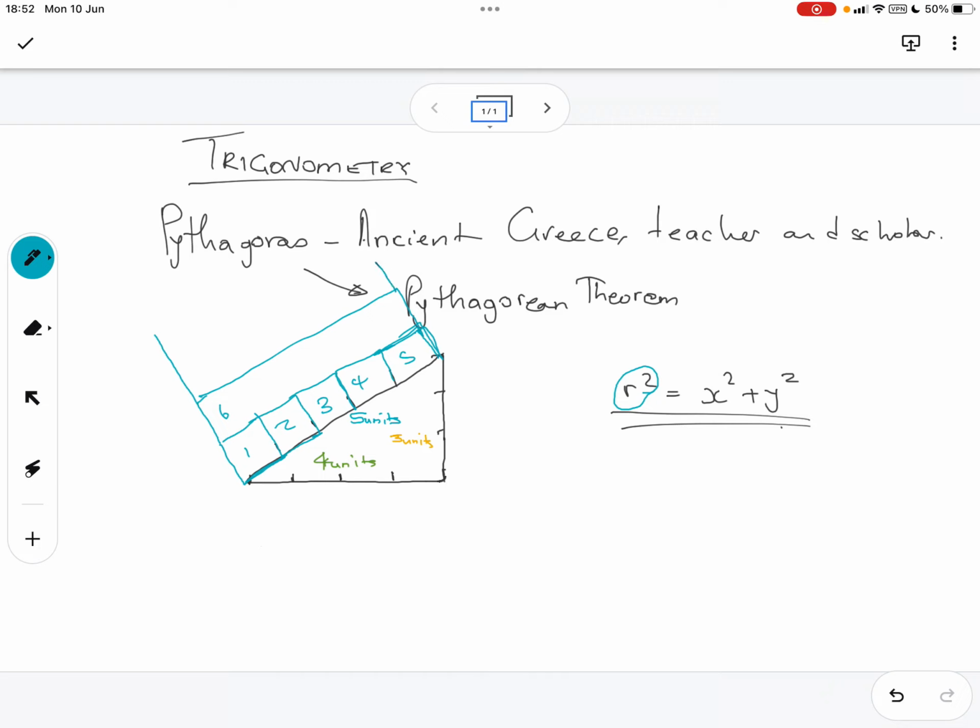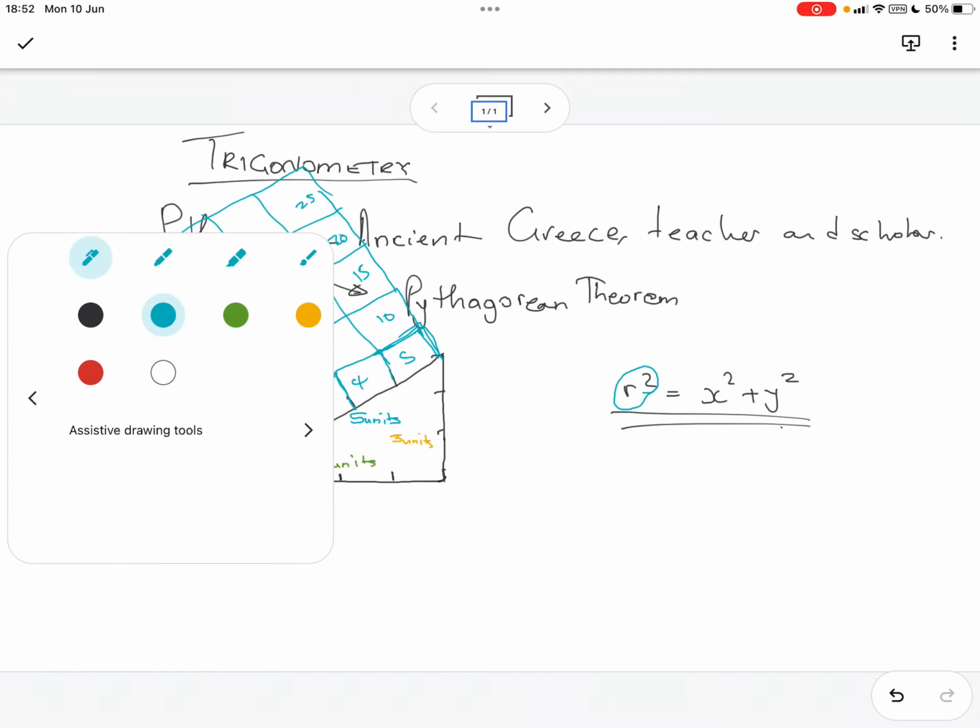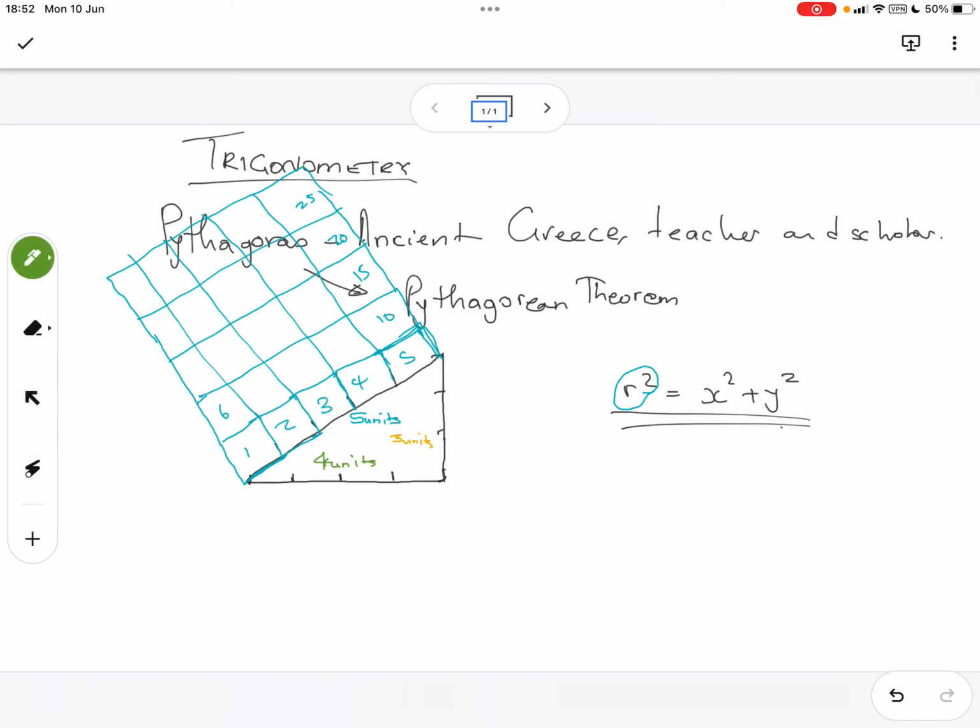So the square of 5 gets 25. So I must have 25 of these squares. That will be 5, 10, 15, 20, 25.